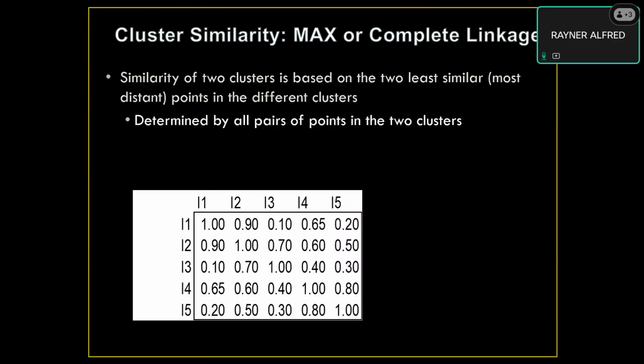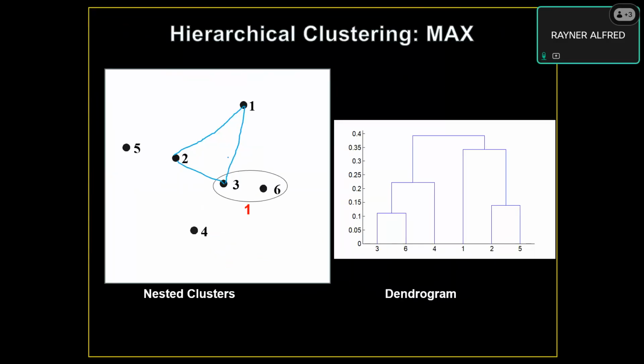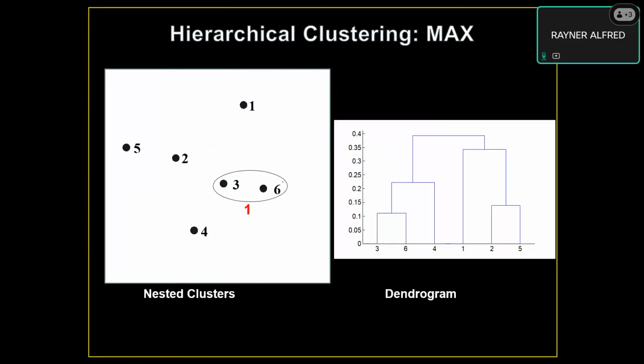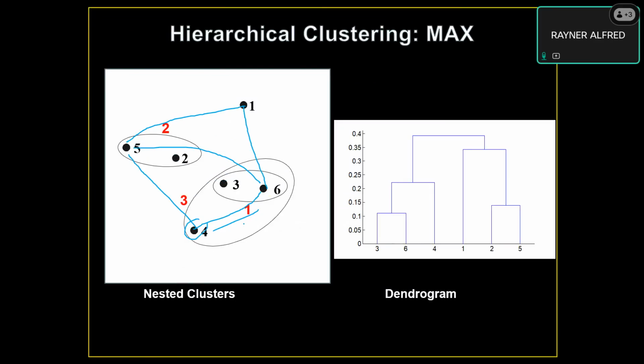So maximum. So maximum is in between the maximum distance. So we have that one and that one. So the distance between this is to here. This is to here. This one is here. This one to here, and this is to here. Okay? So since this is nearer to here, we form this.